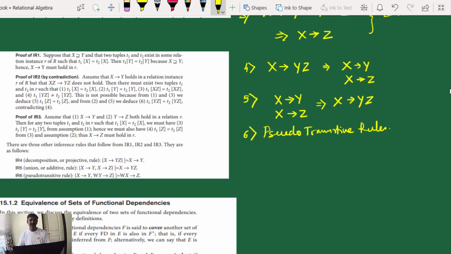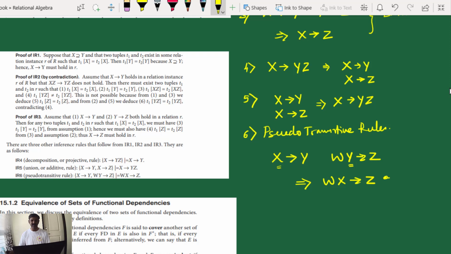This is very important when it comes to finding the equivalent sets and minimal covers. So pay attention here. If we have X arrow Y and WY arrow Z, then you can replace this Y by X. So this implies that WX arrow Z. In place of Y, you're just replacing X because X functionally determines Y. So this is called the pseudo-transitive rule.